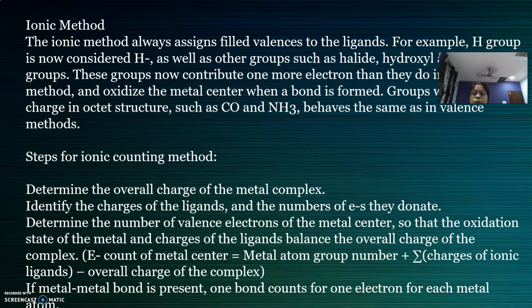For example, oxygen can take 2 electrons. So O plus 2 electrons will immediately give us the oxide ion, O2-. So in the ionic method, if we have oxide as a ligand, then it will donate, and its charge will be -2. And these are the ways.